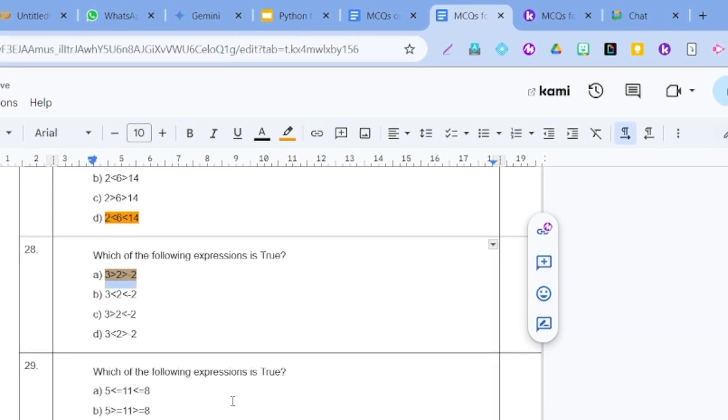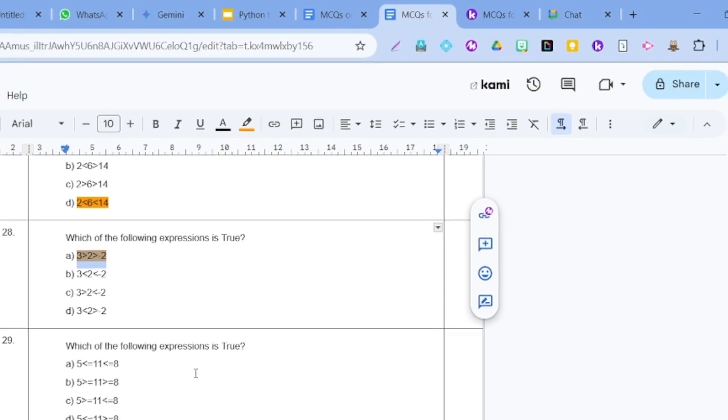Now see the next question. Which of the following expression is true? 5 less than equal to 11 and 11 less than equal to 8. So 5 is less than equal to 11 is correct, but 11 is less than equal to 8 is not correct.